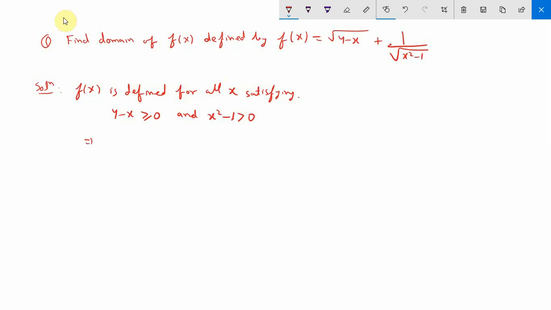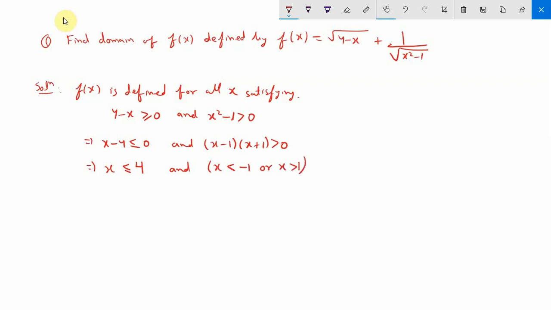So we can write x − 4 will be less than or equal to 0, multiplying by −1 on both sides changes the sign, and (x − 1)(x + 1) should be greater than 0. From this we can write x is less than or equal to 4, and from the second relation we will get either x < −1 or x > 1.